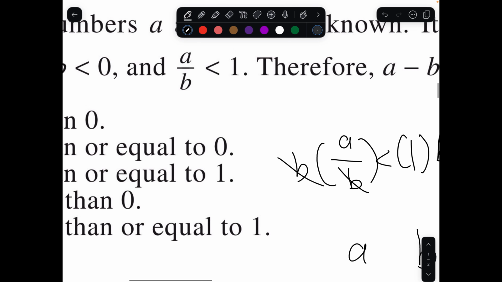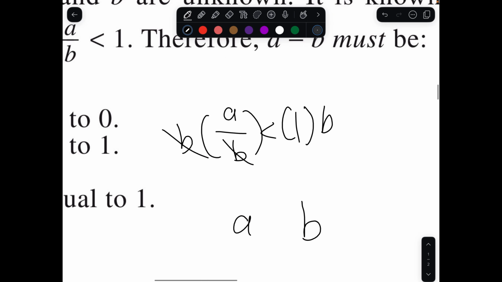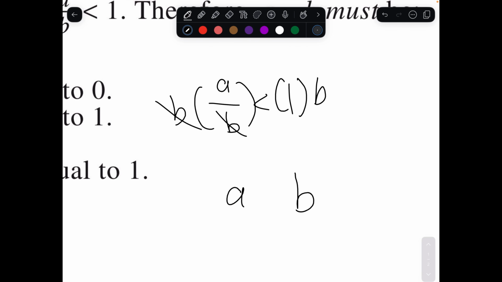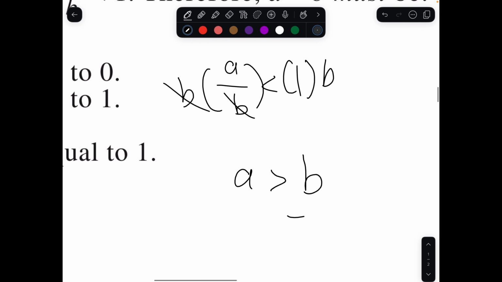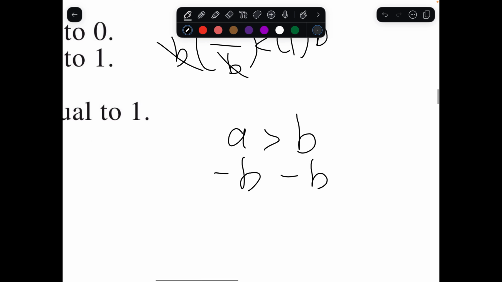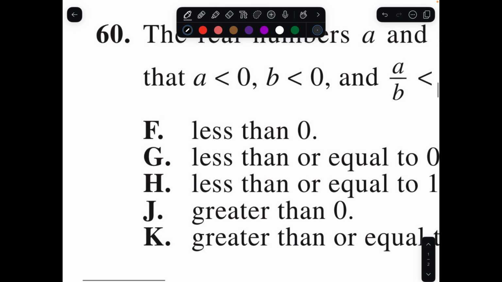If you remember, when you're dealing with inequalities and multiplying by a negative number or dividing by a negative number, you have to flip the sign of the inequality. So this is going to become a is greater than b. And now we can just subtract b, and we get a minus b has to be greater than 0. Which means the answer to 60 is J.